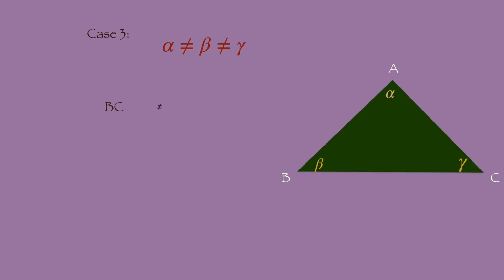Since alpha is not equal to beta, we can say BC is not equal to AC, which is also not equal to AB, as none of the angles are equal. A triangle where none of the sides are equal, we call a scalene triangle.